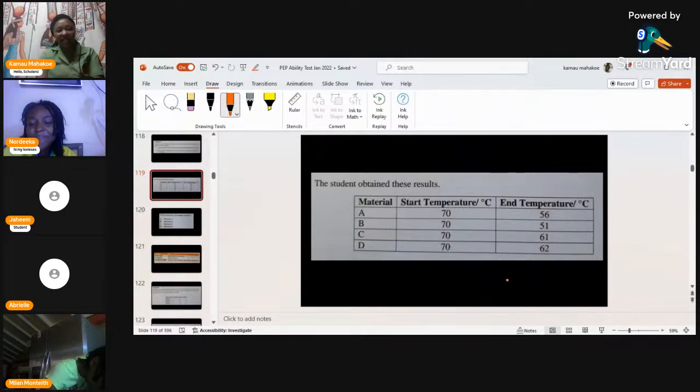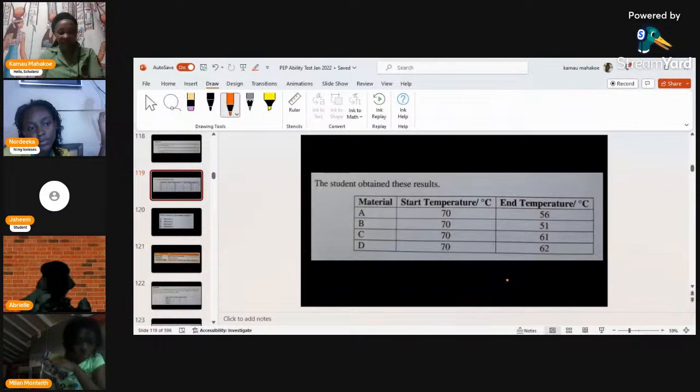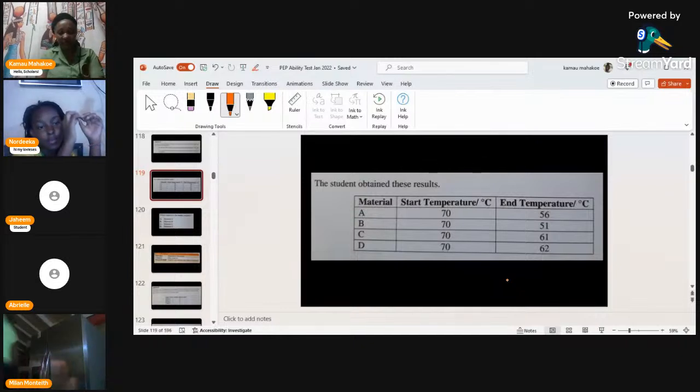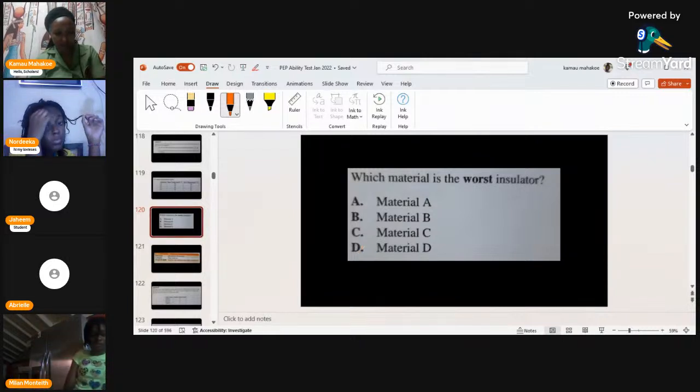So the one that keeps in most of the heat would be the best one. So Abrielle is saying that's D, and she's correct. Only 8 degrees of heat lost from the soup, whereas the others lost 9, 19, 14 degrees. So they lost more heat. So the correct answer is D.